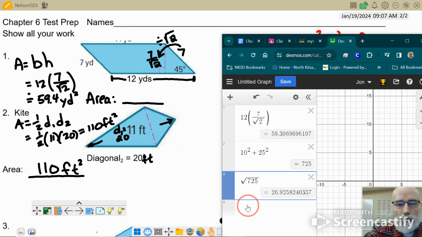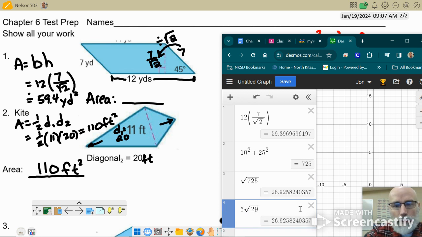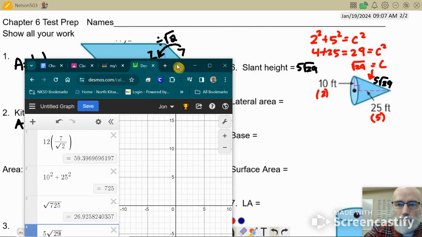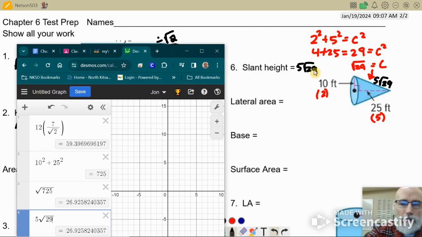That should be equal to, what was it again? 5 square root of 29. Right? So we get the same answer. This one is simplified, this one's not simplified. So I'm going to make this worth an extra point if you can simplify like I just did, if it comes out like that on the test. All right. Okay, boy, I hope I'm making that clear.